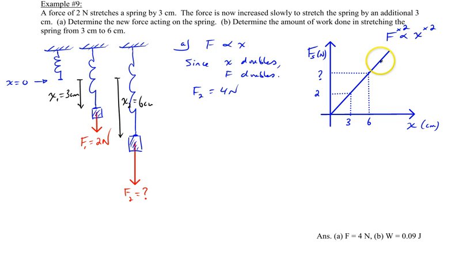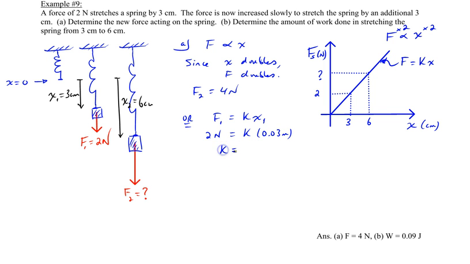You could write an equation for this graph, F equals kx, and figure out the spring constant. So here's another way. You could use F equals kx. Let's find the spring constant for the first force at that displacement. We'll use 2 newtons, and then k, and then x would be 0.03 meters.